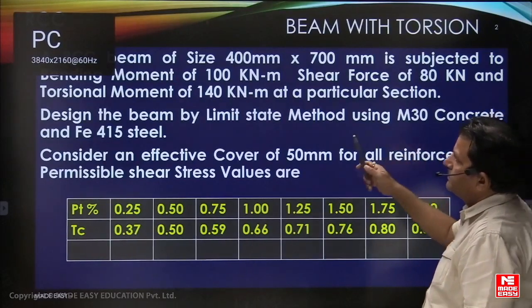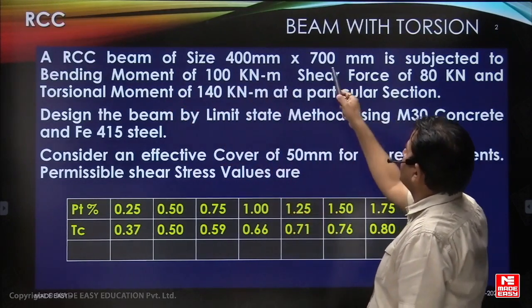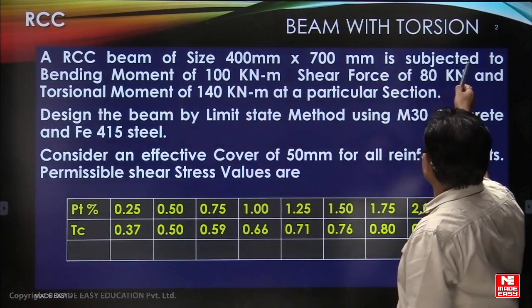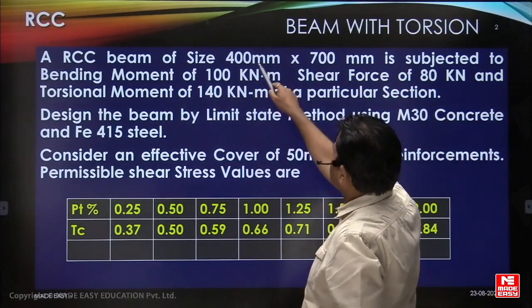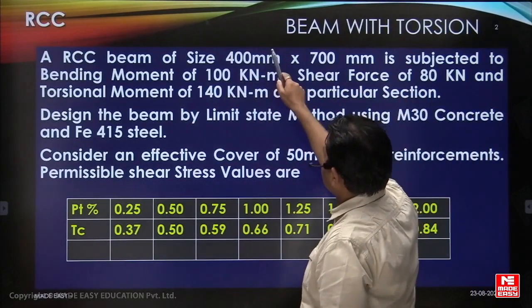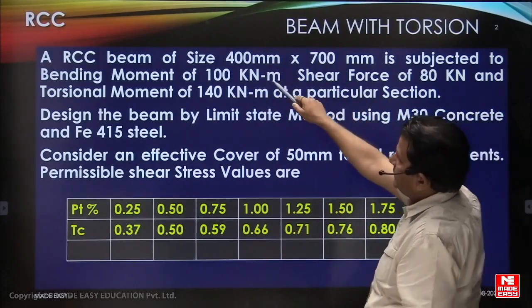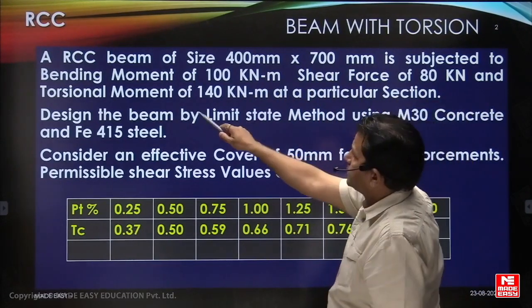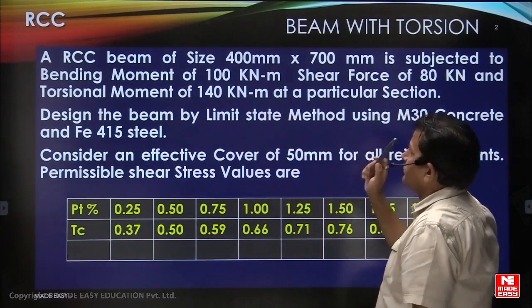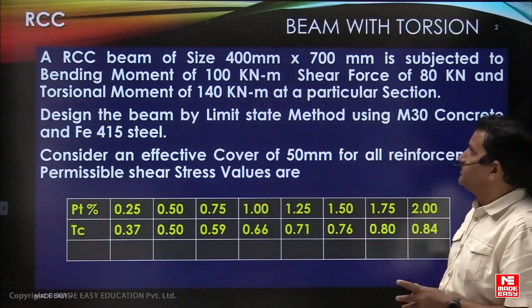We have to design an RCC beam of size 400 by 700 mm, subjected to a bending moment of 100 kilonewton meter, shear force of 80 kilonewton and torsional moment of 140 kilonewton meter at a particular section.